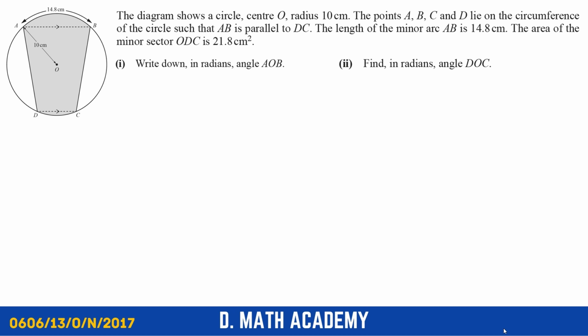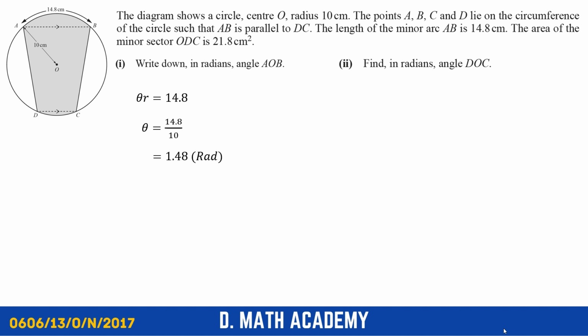So for you to find angle AOB in radian, they gave you the arc length value, right? So we have theta times r equals 14.8. So theta will be 14.8 divided by 10, you will get 1.48 radian as your final result. Moving on, in radian, angle DOC.